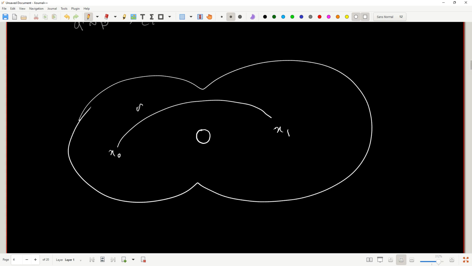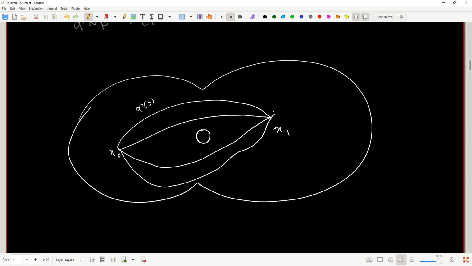This is path 1, let's say alpha. Let's say this is another path. This is another path. This is another path. So let's say this is some beta, this is some gamma, this is some delta. Now if I ask you, are alpha and beta homotopic?